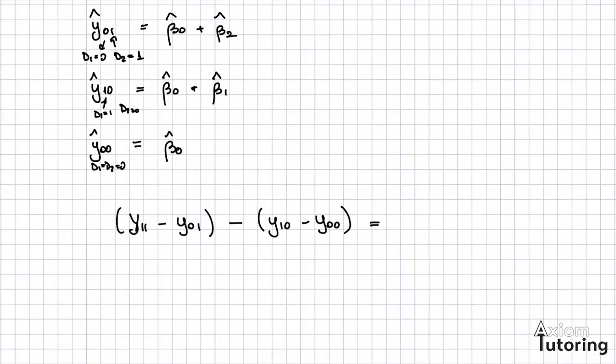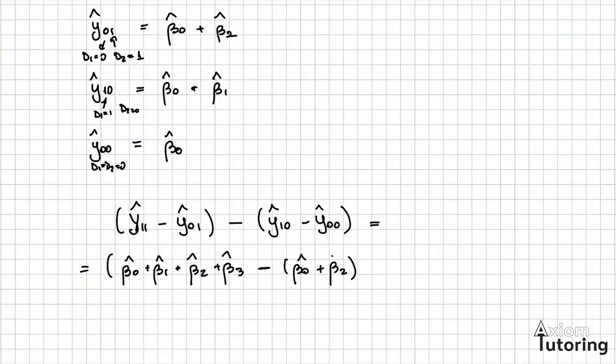So if we do all of the substitutions according to the formulas that we have gotten, then we will have beta 0 plus beta 1 plus beta 2 plus beta 3 minus beta 0 plus beta 2.